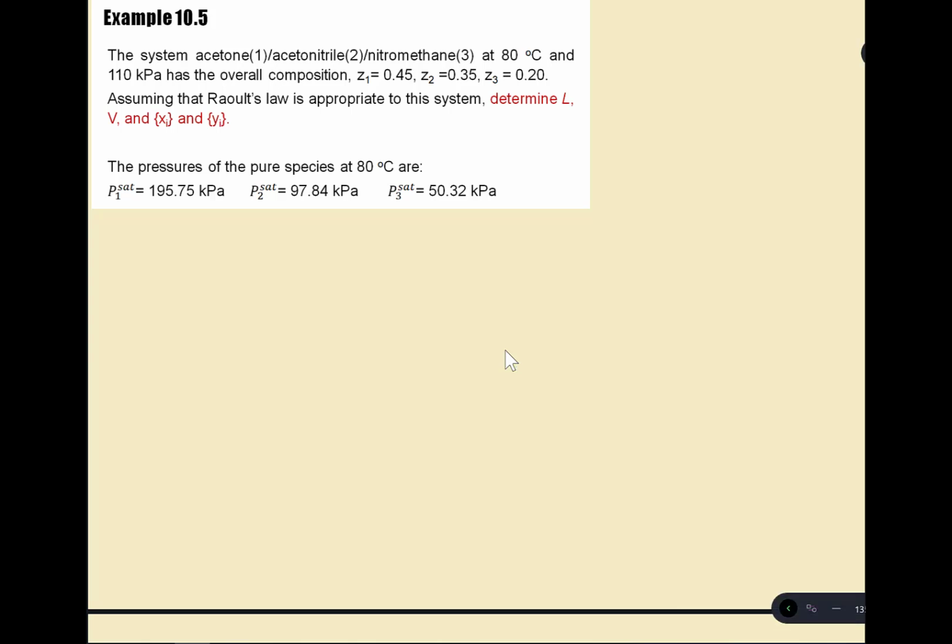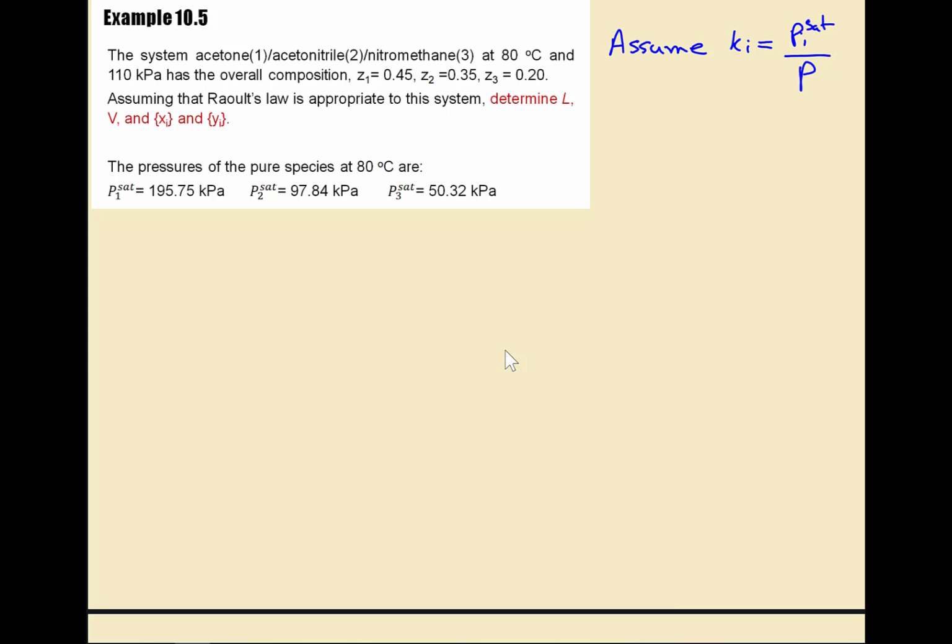So first thing, as I mentioned, assume Raoult's law. So we can say assume Ki equals Pi sat over P. In this case, we have the pressure and we have the saturation pressures as well, so from those I can find K for each component in the system.